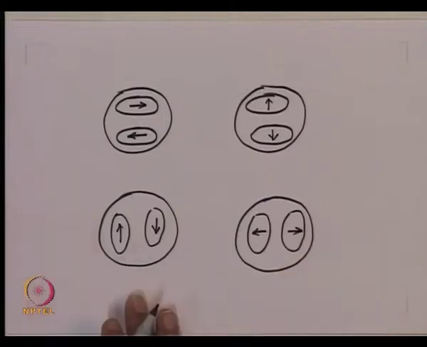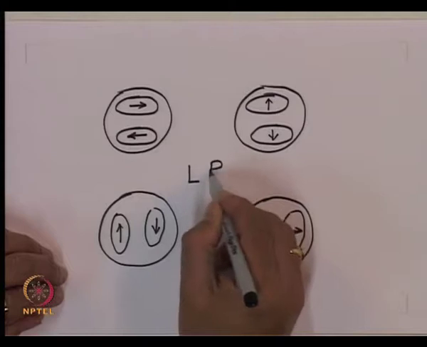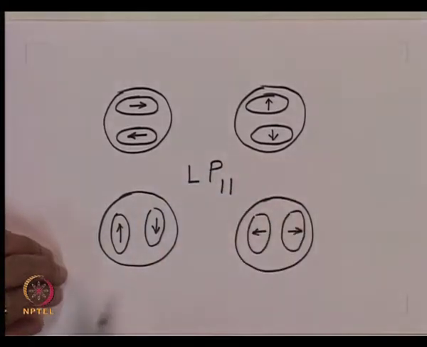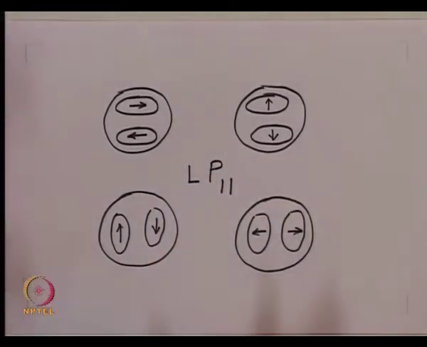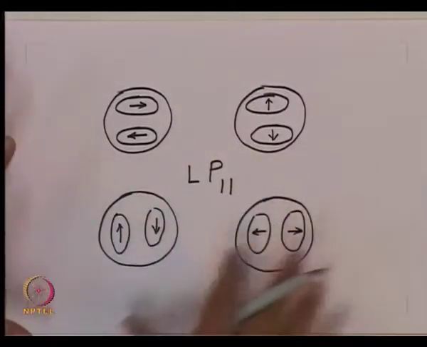Like this. So, when we say we have a LP11 mode, in fact there are four modes which are having exactly same phase characteristics, and their intensity and polarization would be given by this.